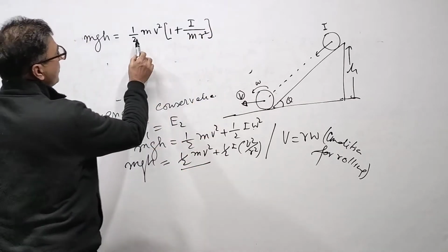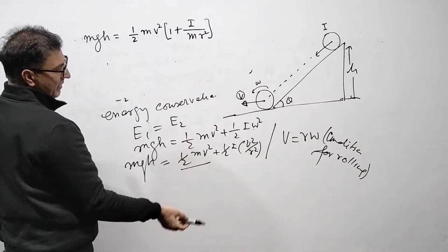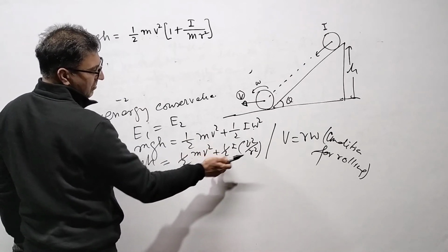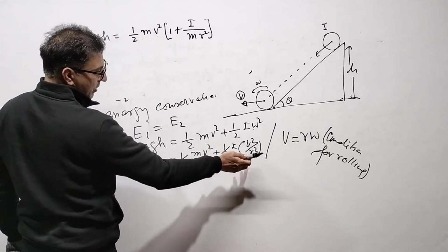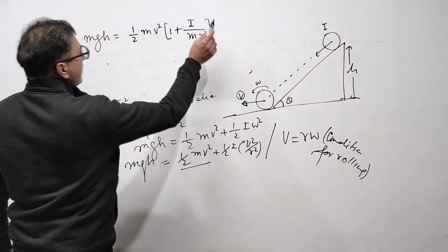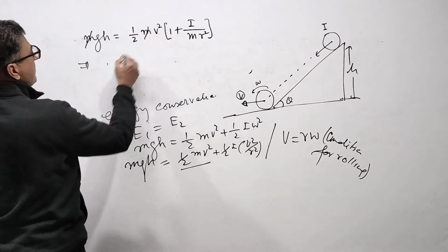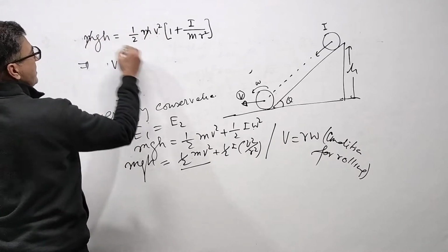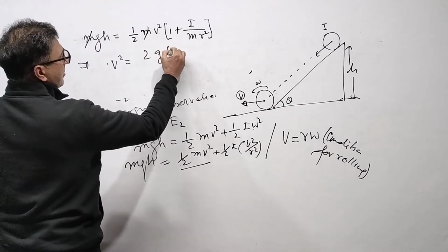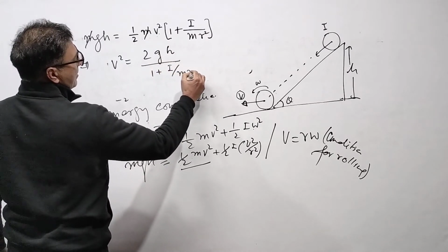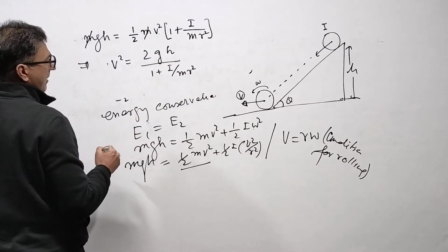If we take 1 by 2 mv square common, it will remain 1 here; 1 by 2 is common, v square is common, m is missing, so m goes to the denominator. Okay, m gets cancelled. What's v square? That is 2gh divided by 1 plus I by mr square. Okay, and what about v?